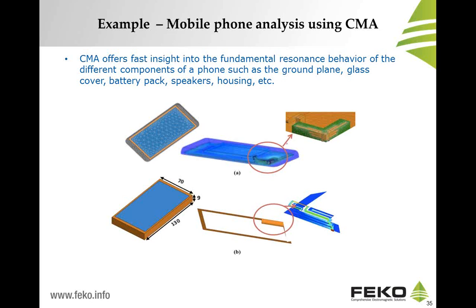Here I show you just 2 examples of typical models that are used to represent mobile phones. That also includes the effect of the glass and different feed structures. In the case of the top one here, we also have a dielectric present in our feed structure.